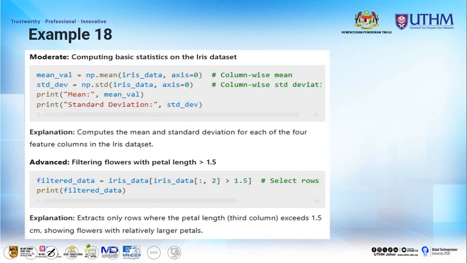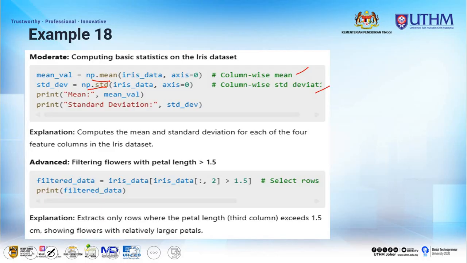So the basic computations, computing basic statistics on the iris dataset, you can do mean and standard deviation. This one is column-wise mean and column-wise standard deviation, so we use np.mean and np.std.